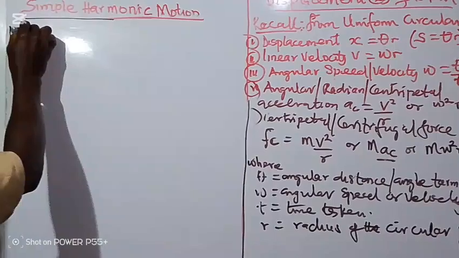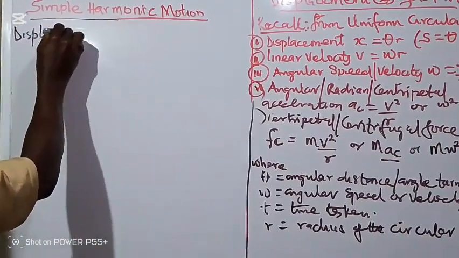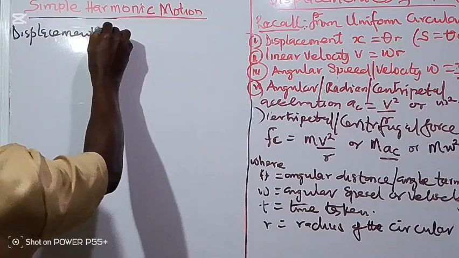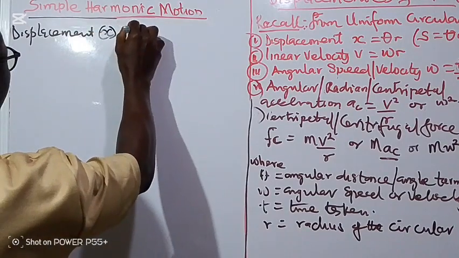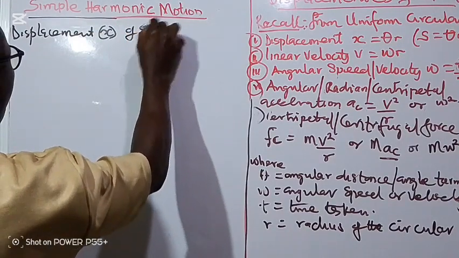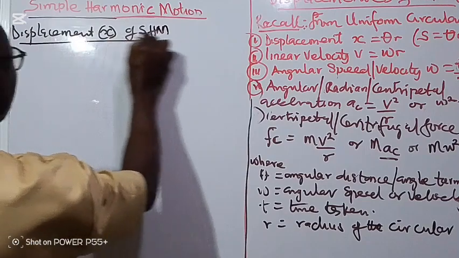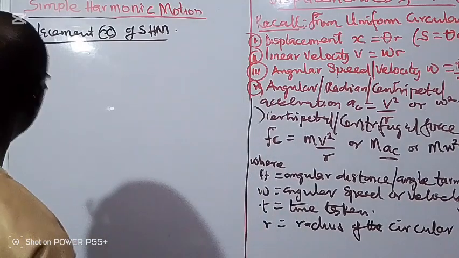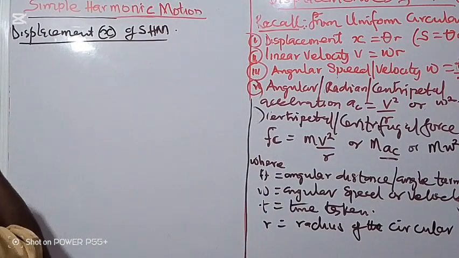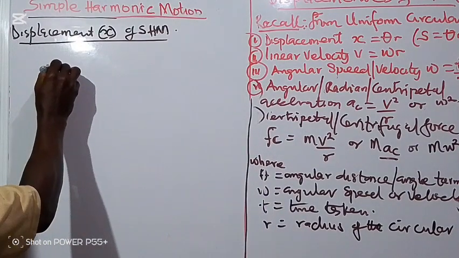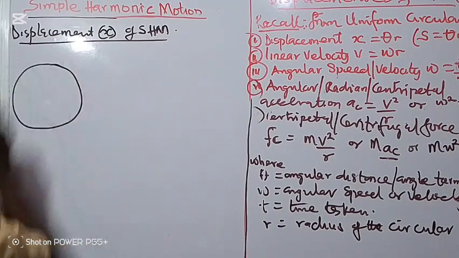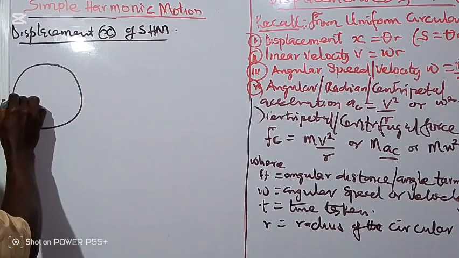Displacement, s, of simple harmonic motion. To understand it better, I want to relate it with circular motion. When you have an object moving in a circular path like this, let's say this is the equilibrium line.